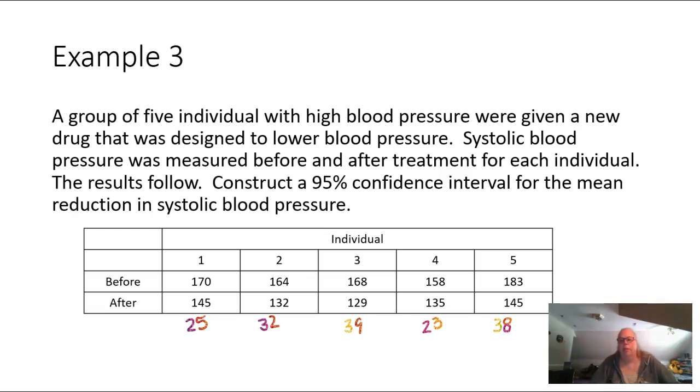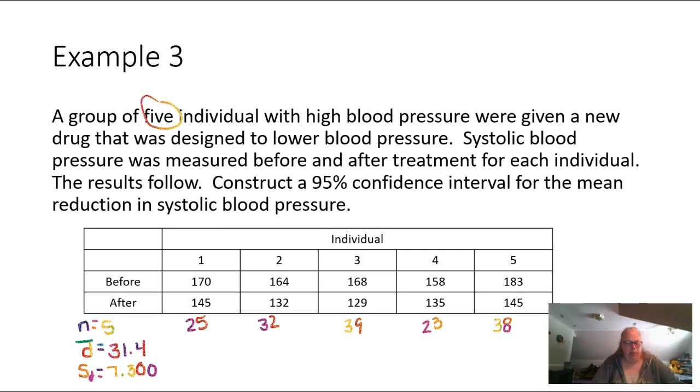Now remember, I'm going to use my calculator again, and I'm going to put those differences into my stat list and run one bar stats, because I am actually going to need the mean of those differences, which I have to be 31.4. And I also need the standard deviation for those differences, which I have to be 7.300, and of course n is equal to 5, and they told me that right back up here.